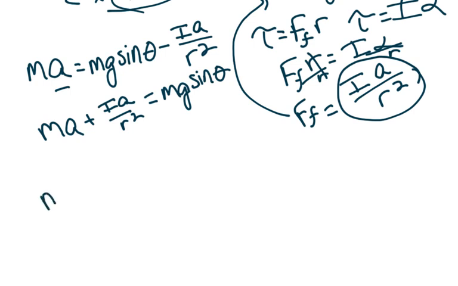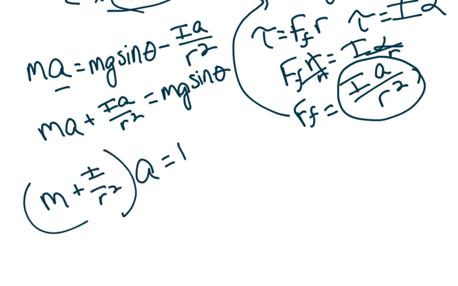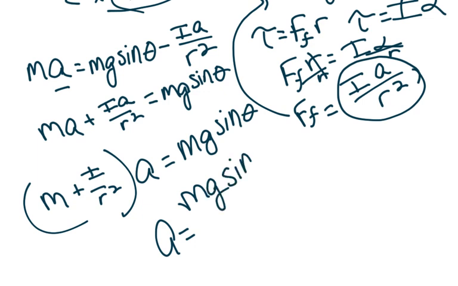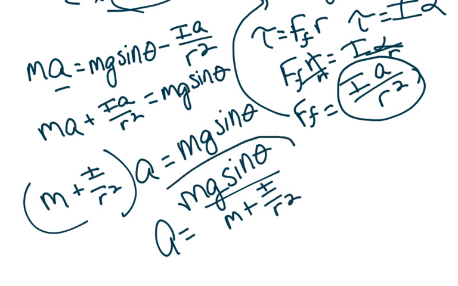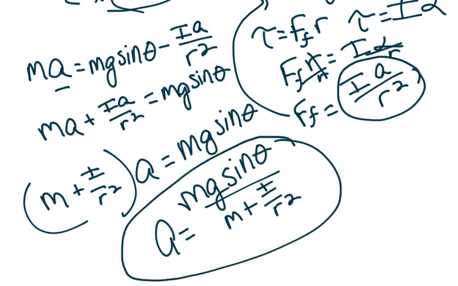And I'm going to factor out my mass plus my rotational inertia over the r squared. Divide both sides by that piece of information. And I have now solved for the acceleration of an object rolling down an incline.